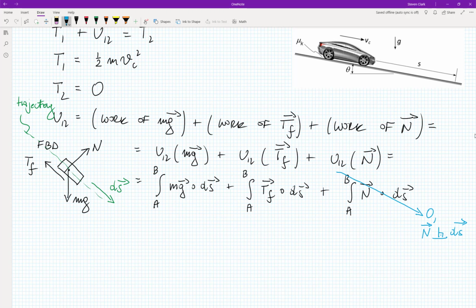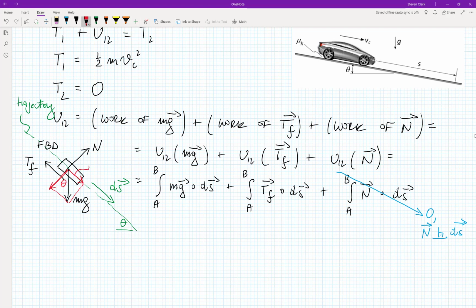Okay, so let's focus on mg first, okay? So let me maybe express mg in such two components. One that is aligned with ds, and the other one that is perpendicular to ds. And I believe that if theta was here, that means that theta must be here as well.